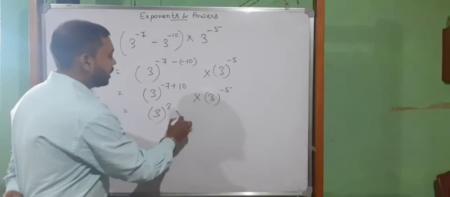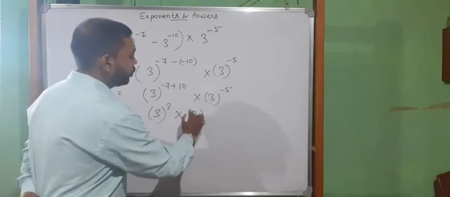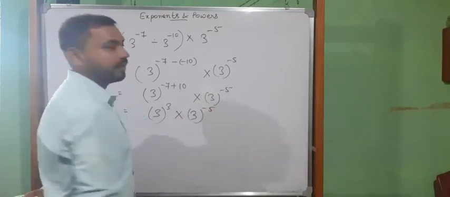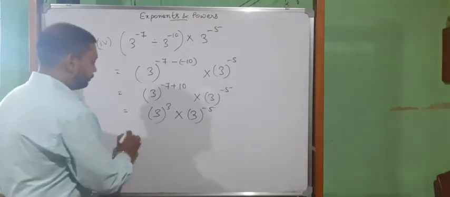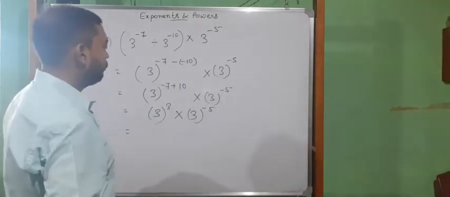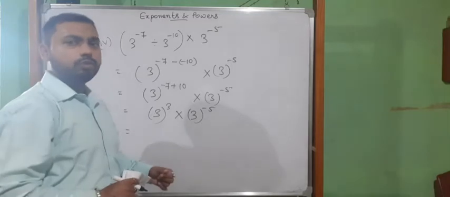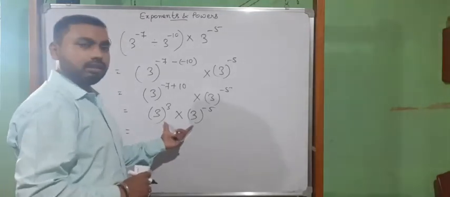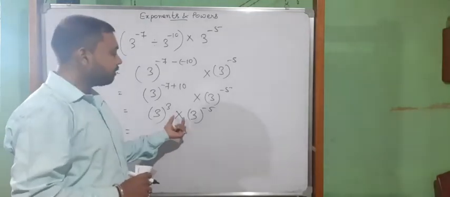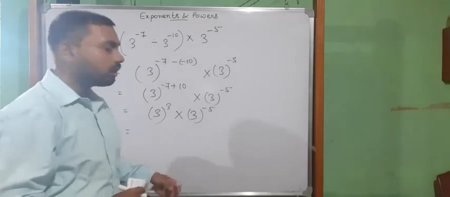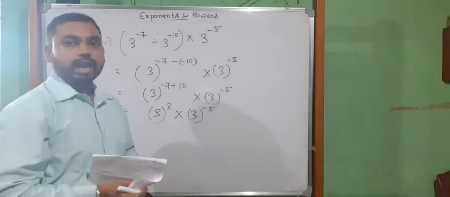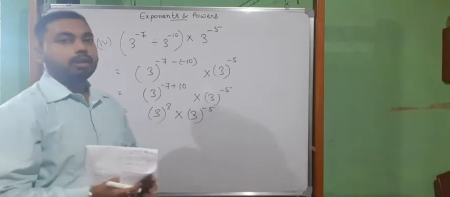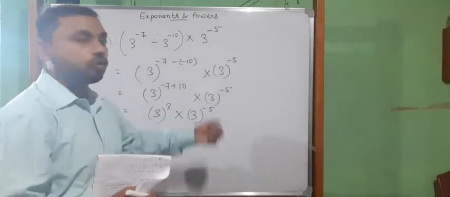Okay. Now it is into 3 to the power minus 5. Now according to the rule, the bases are same and there is a multiplication sign in between. So what does the exponent rule say? That the power, or you can say the exponent, should be added.